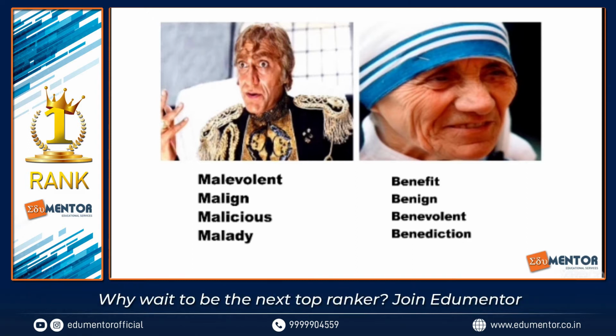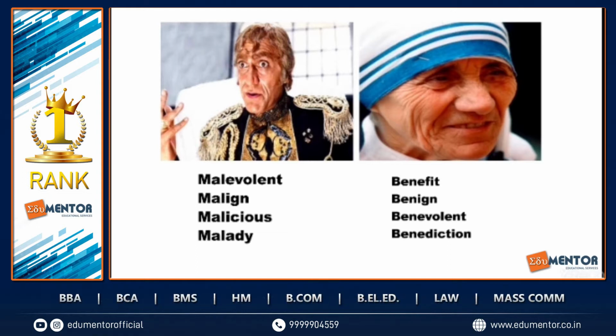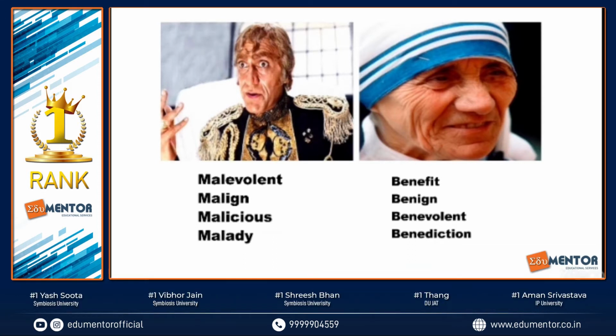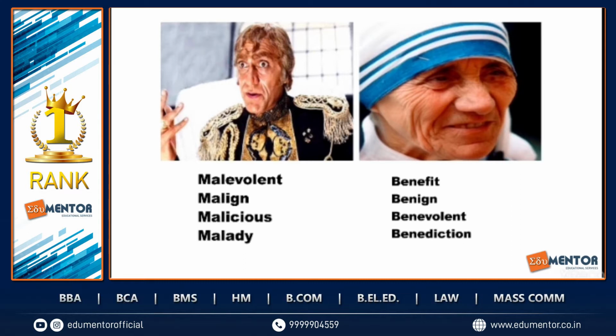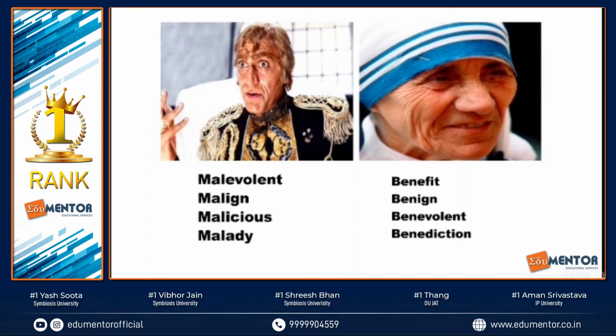So by that very logic, any particular word that has mal in it has something or the other to do with bad. So when one says malevolent, someone who is very evil in nature, someone who is crooked, someone who is wicked in nature, that is malevolent. Just like the picture of Mogambo, someone who is villainous in nature, that is malevolent.